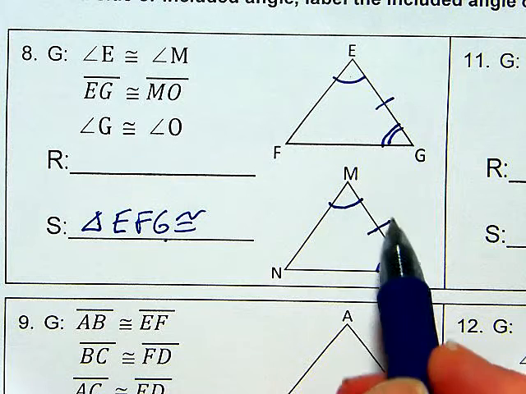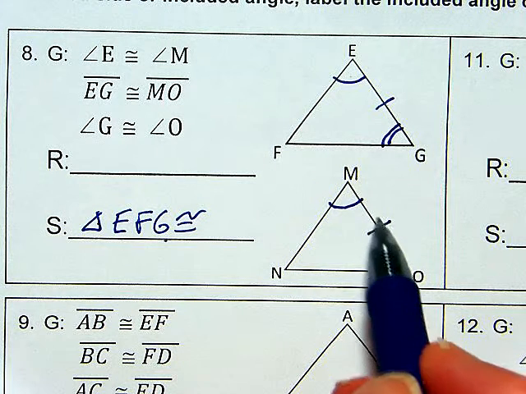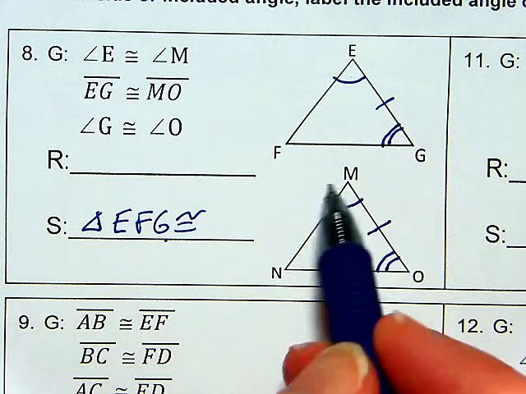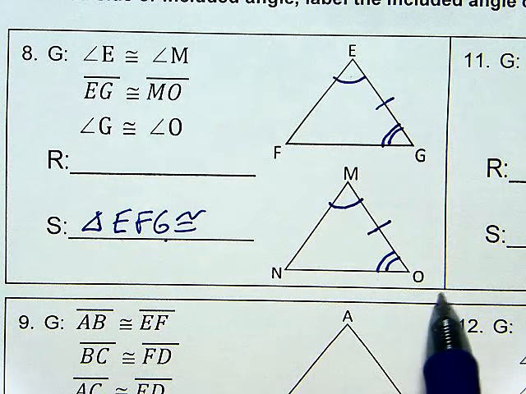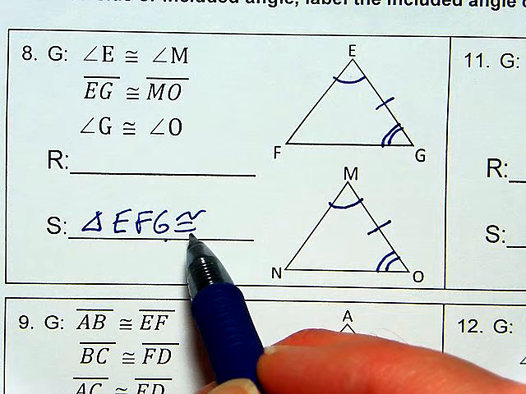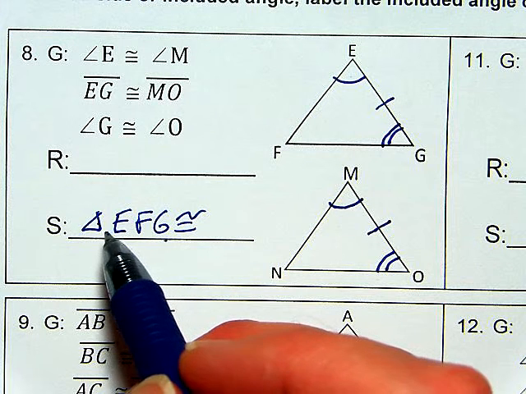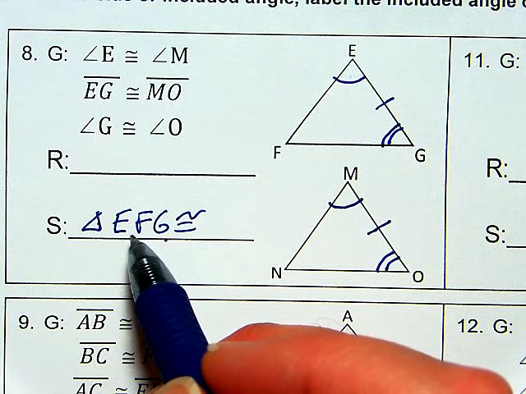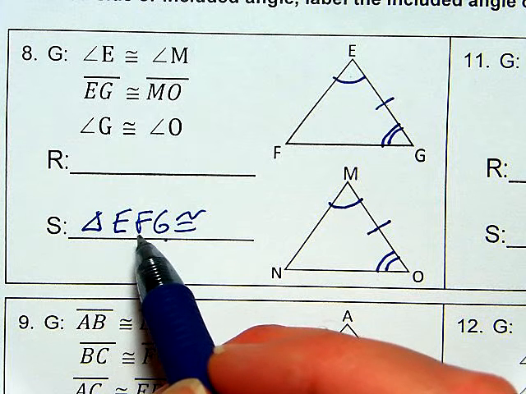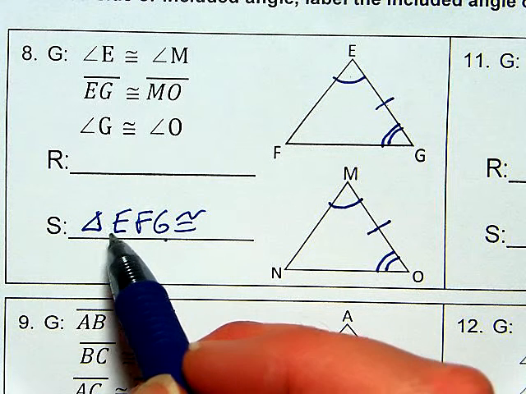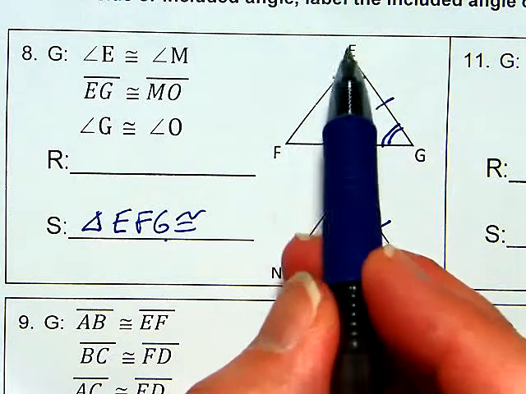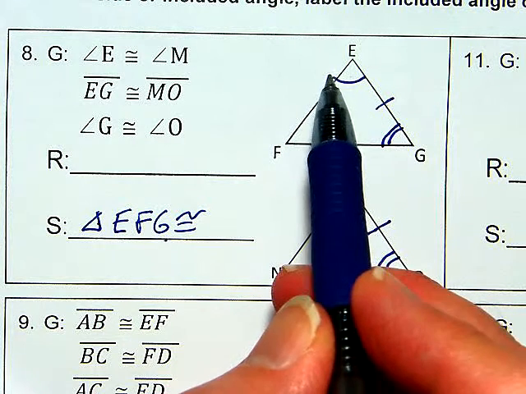When we try to name this triangle, we learn that there are many names. We could call this triangle MON, ONM, MNO. You could use these three letters in any combination to refer to this triangle, but when you're talking about congruence, you have to have corresponding angles and corresponding sides matching up. The first letter in this first triangle is E, and E was the angle with a single curved line.